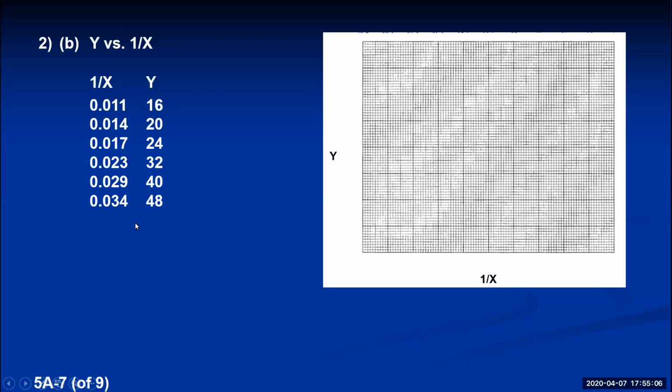And if I notice my 1 over x values go up to a little close to 0.04, I can maybe make this 0, this 0.01, 0.02, 0.03, 0.04, 0.05, and that would pretty much spread out the values across the x-axis fairly well. So if I do that, now once again, I'm going to plot my coordinate points.